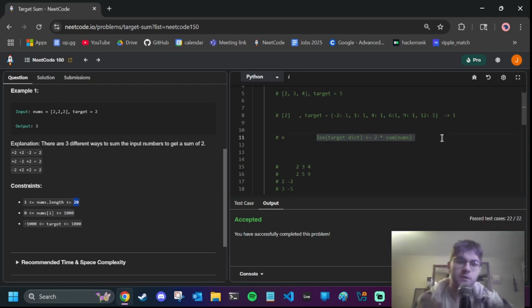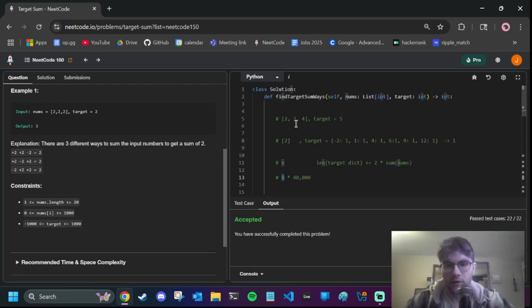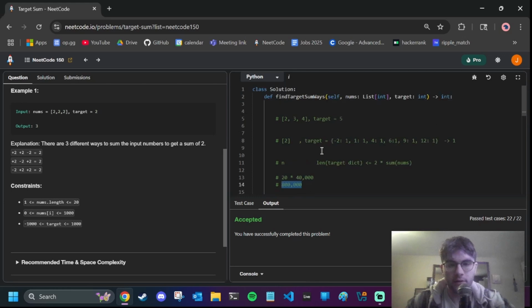So that means you could sum up to 20,000. So 2 times 20,000 would be 40,000. So it would be n times 40,000, and n is the number length. So it would be 20 times 40,000, which would be 800,000, right? Because multiply this by 2, 80,000, then add a 0. So that's totally doable in the worst case. So I think I'll implement this.